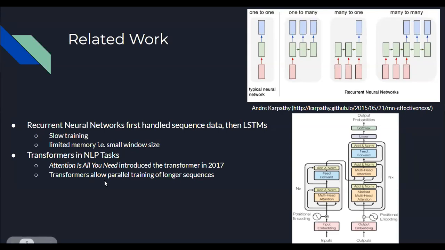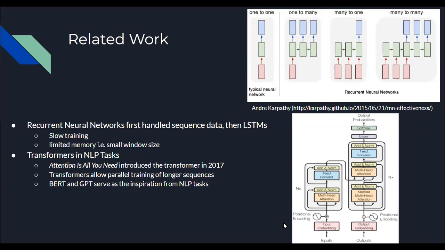Transformers, as we know, started to arise in natural language processing tasks in the paper Attention Is All You Need, introduced in 2017. Transformers allow for parallel training of longer sequences, and some models from the literature that inspired this, that we'll talk about and see direct inspiration from, were BERT and GPT. On the top here, you can see an example of what a recurrent neural network could do, processing one-to-many or many-to-one or many-to-many inputs to outputs.